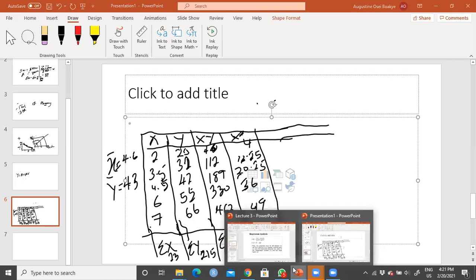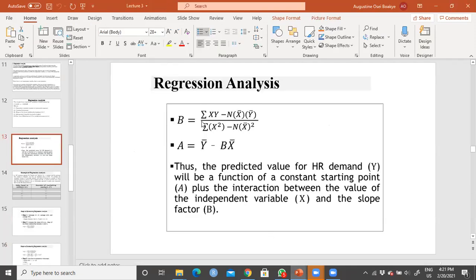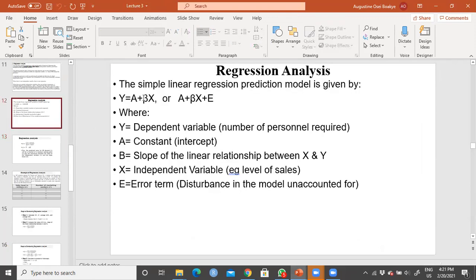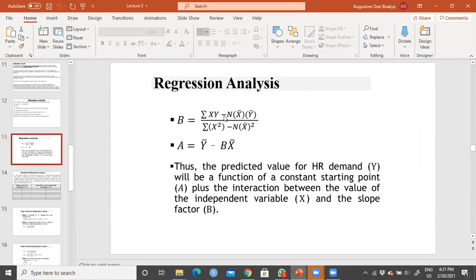It is trying to solve the B, which is the beta. Are you following? Yes. Okay, so we started with this model, and I'm saying the B part alone is this formula.